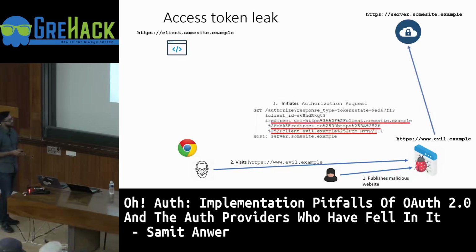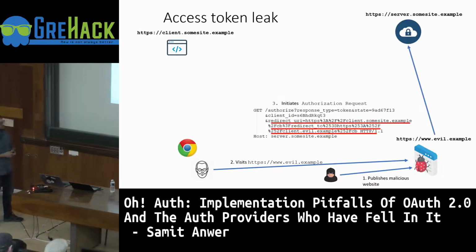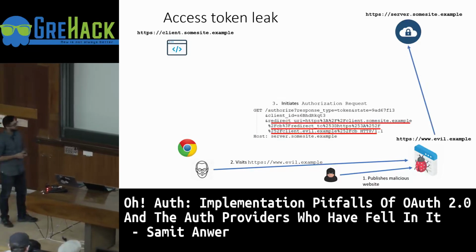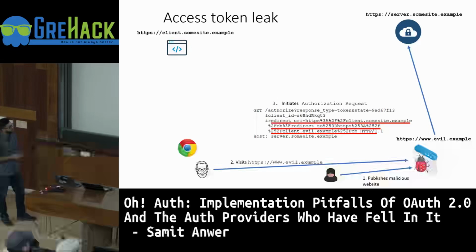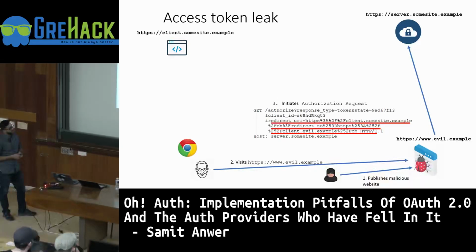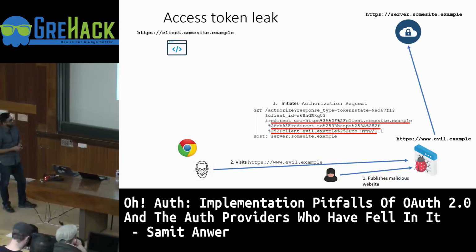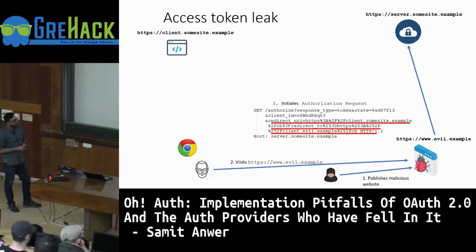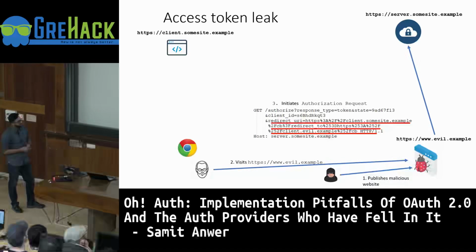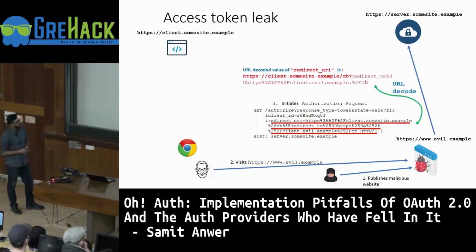Once the victim visits it, the malicious website generates an authorization request which contains the redirect URI, and it is the client's genuine redirect URI followed by the redirect_to parameter with the attacker's domain in it, client.evil.example. So if you decode this URL, you will get client.somesite.example/cb?redirect_to=client.evil.example.